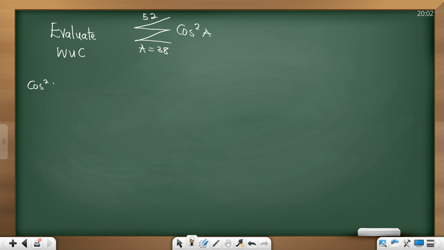Cos squared 38 plus cos squared 39 plus cos squared 40, and that will continue. Let's write the last three: cos squared 50, plus cos squared 51, plus cos squared 52.